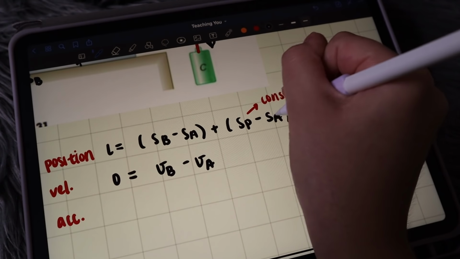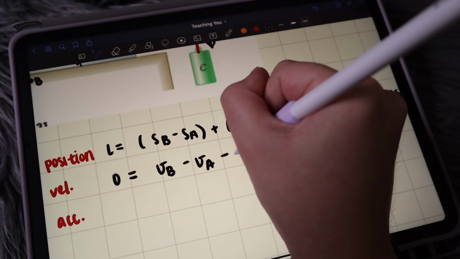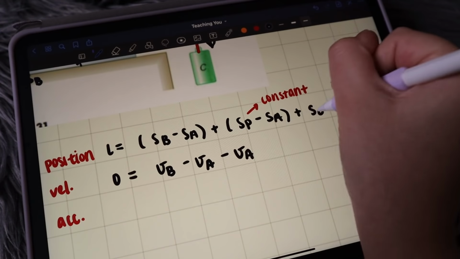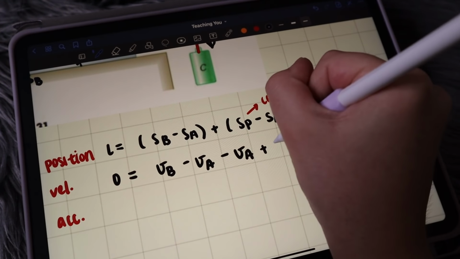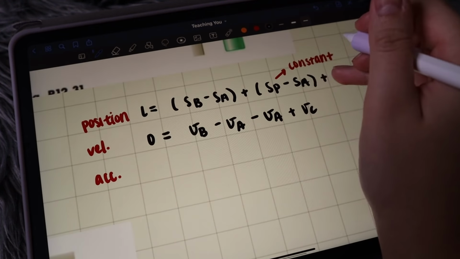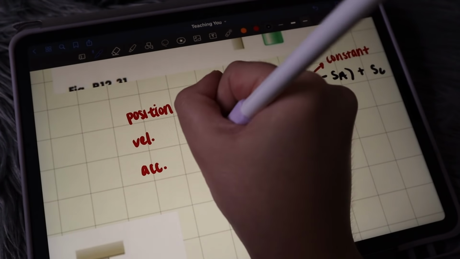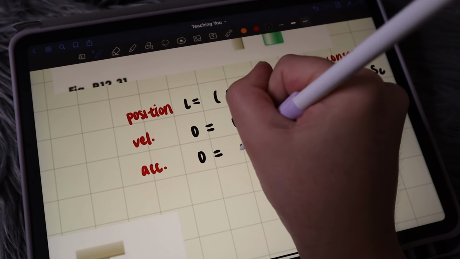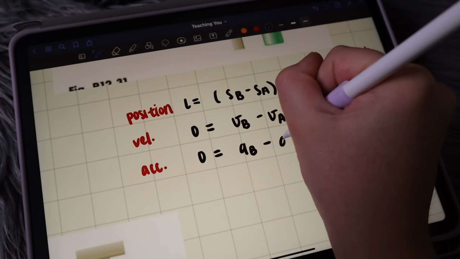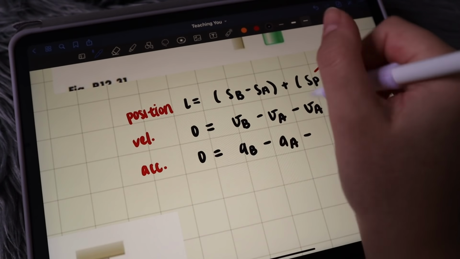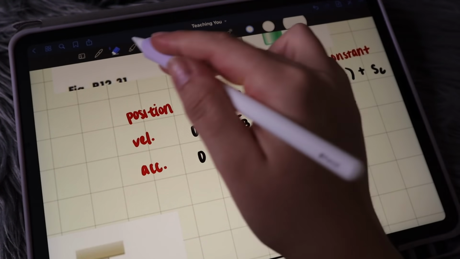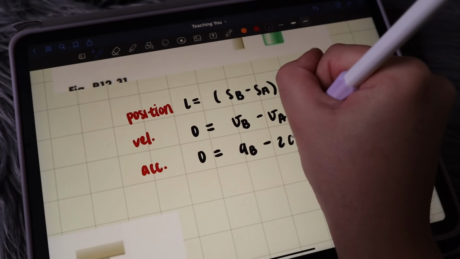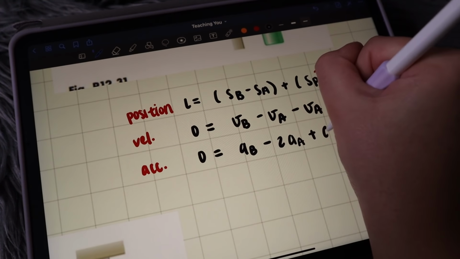And then we have minus SA, so that's going to become a minus VA. And then this is going to be plus VC. Okay. So taking the derivative once more, we get AB minus AA minus, well, I guess we could just combine these. So we have minus 2AA plus AC.